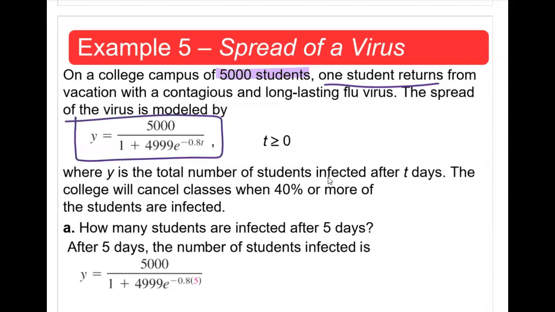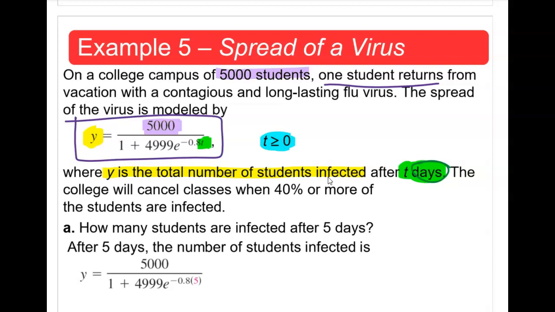So as you could see, the number of students, 5,000, will be here. And then we have that t must be positive because we're talking about time, the time after this person came from vacation. So where y is the total number of students infected in so many days. And now we're not using x, we're using t, but remember that is the independent variable, t for time. And in this case, t is in days, as you can see here, not in years, not in months.